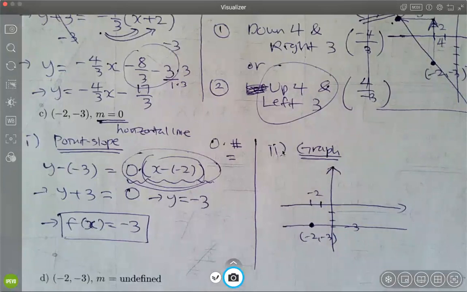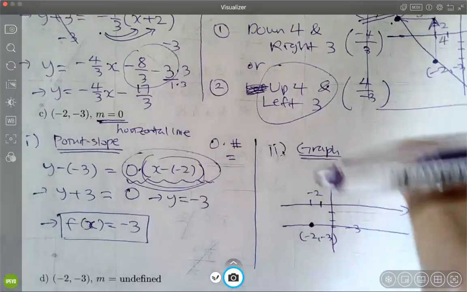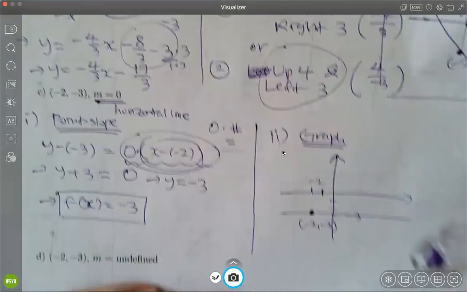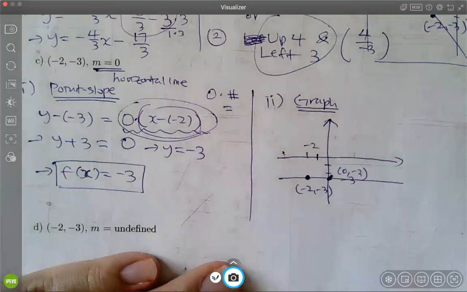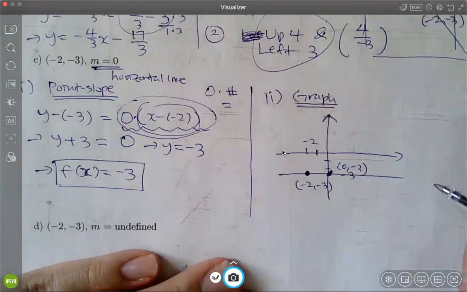Now, give me another point on this horizontal line by just looking at the graph. 0, -3. 0, -3, yeah, which is right there, right? Okay, so it's really obvious based on the graph.